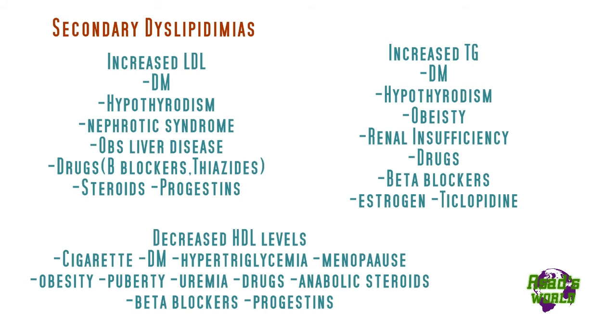If there are increased triglycerides, there is the same diabetes mellitus, hypothyroidism, obesity, renal insufficiency, and drugs: beta blockers, estrogen or ticlopidine. Now the decreased HDL level in secondary dyslipidemia will be caused by cigarette smoking, diabetes mellitus, hypertriglyceridemia, menopause, obesity, puberty, uremia, and drugs: anabolic steroids, beta blockers and progestins.